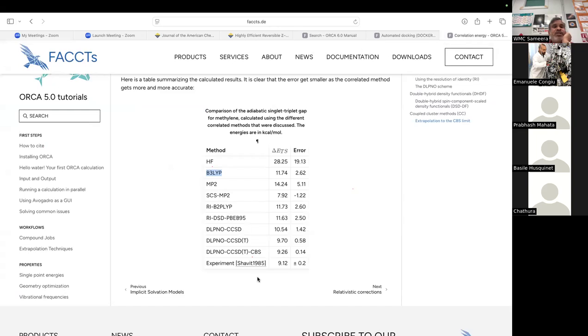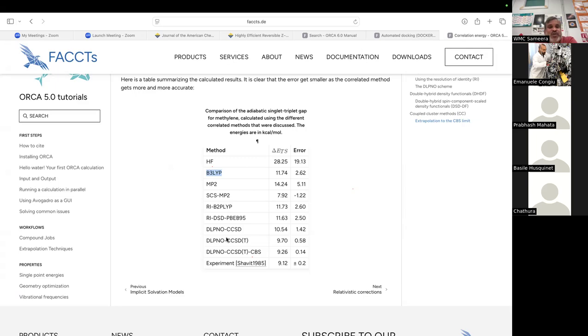And which other basis sets perform better with B3LYP? I would say the triple zeta basis set. If you can use triple zeta basis sets, you can always get reliable results. Well, I don't know always, but you can get reliable results.